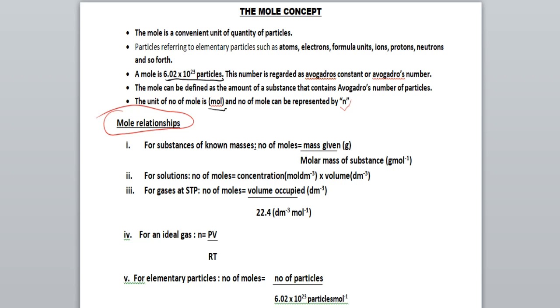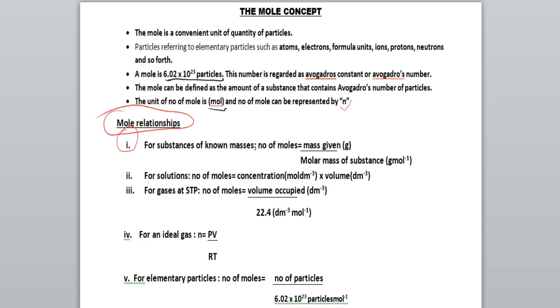For example, scenario number one: in our calculation, when we have substances of a known mass, our number of mole is going to be equal to mass given over molar mass.